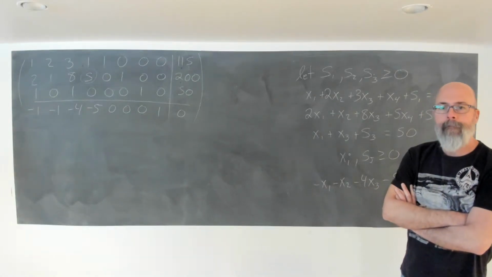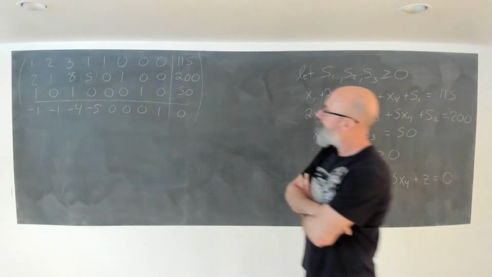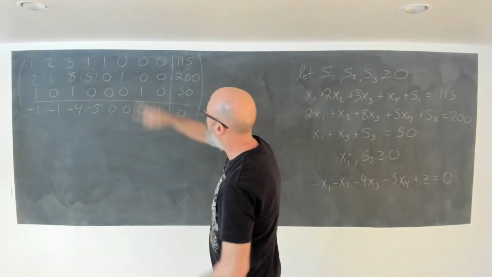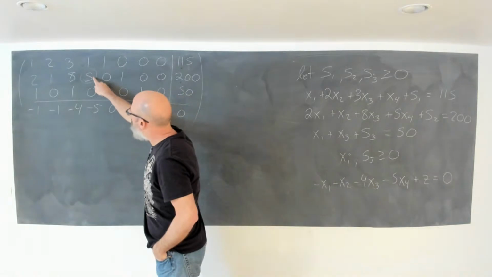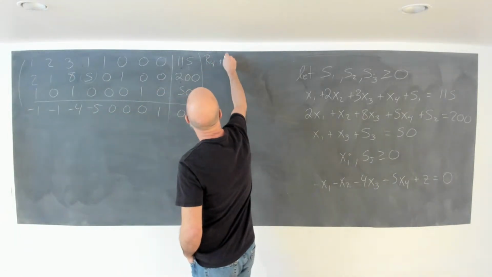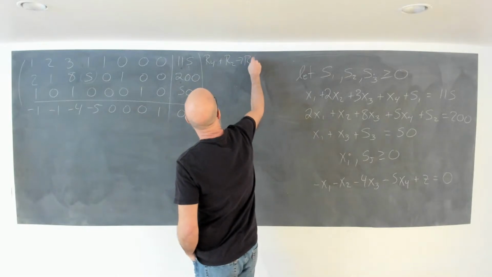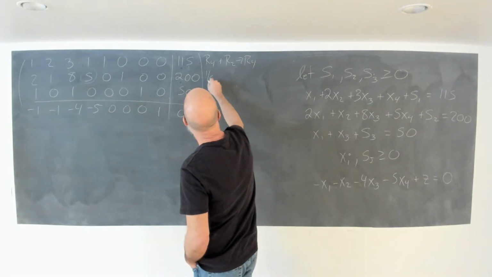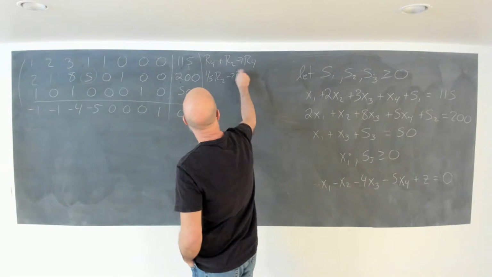All right. So let's use this 5 to get rid of that one. Row 4 plus row 2 for row 4. And then maybe a 1 over 5 row 2 for row 2.